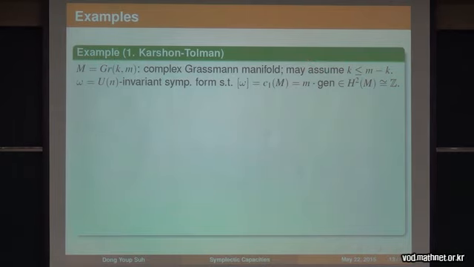It doesn't matter, because if instead of k you take m minus k, they are equivalent. So let omega be a U(m)-invariant symplectic form, such that its class is m times the generator.